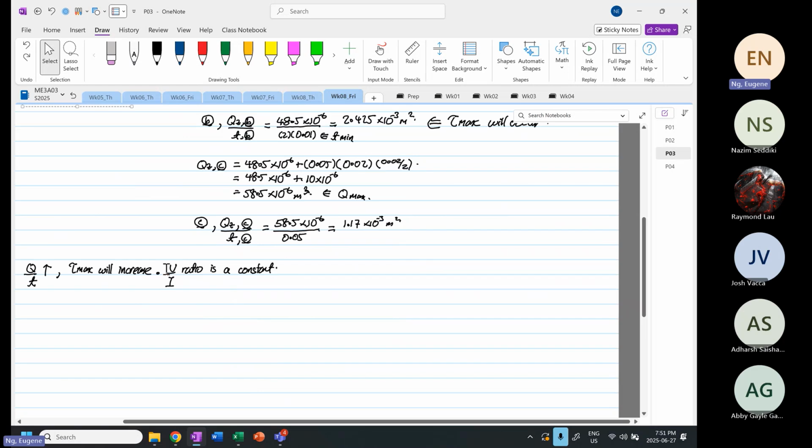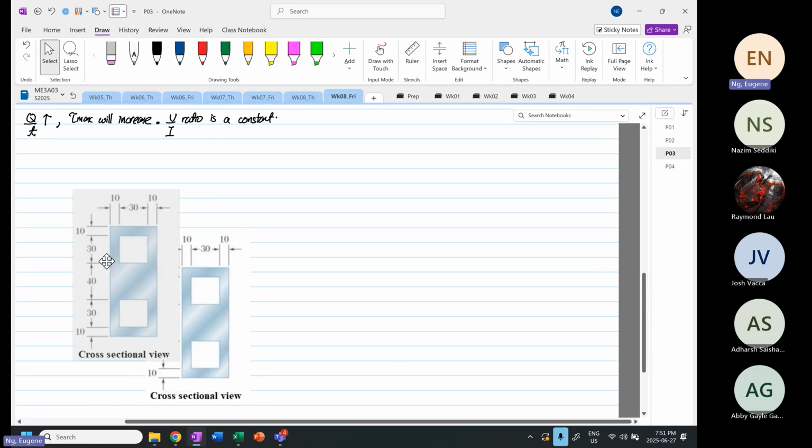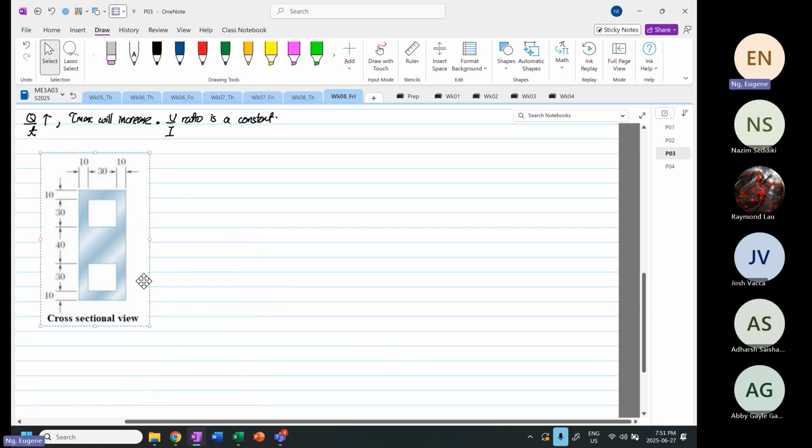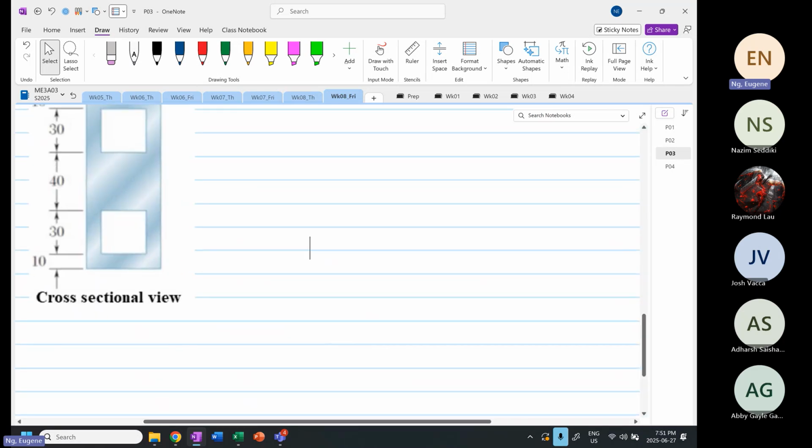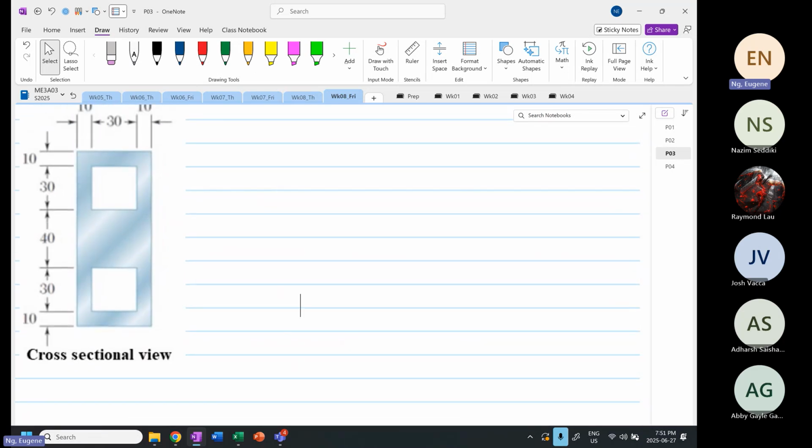So if we are now going to sketch how the shear stress will look like, I'm going to sketch.